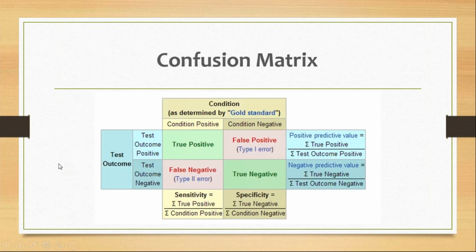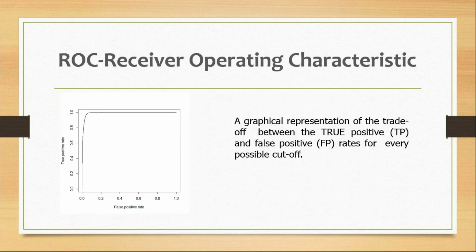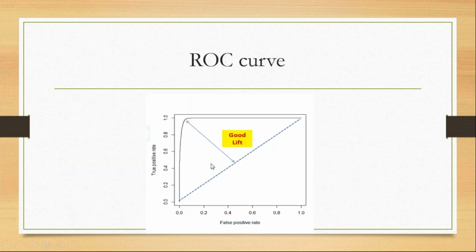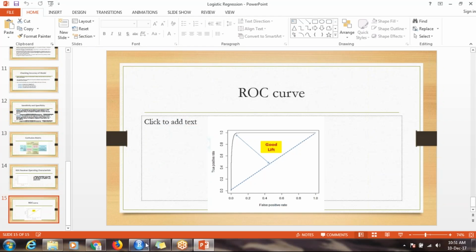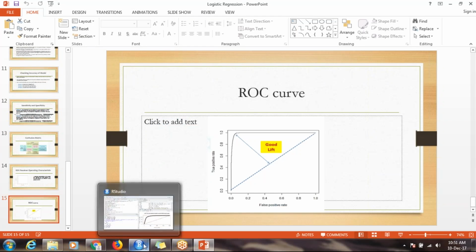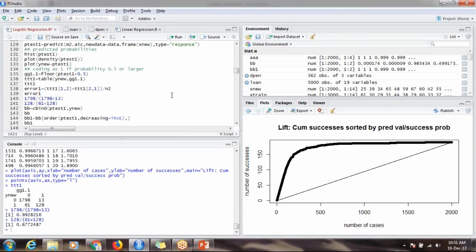So sensitivity versus 1 minus specificity. So let us go to some other case study and try to understand.